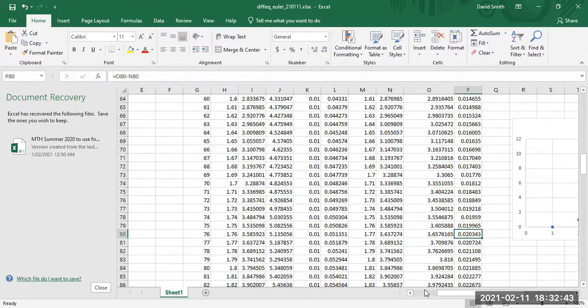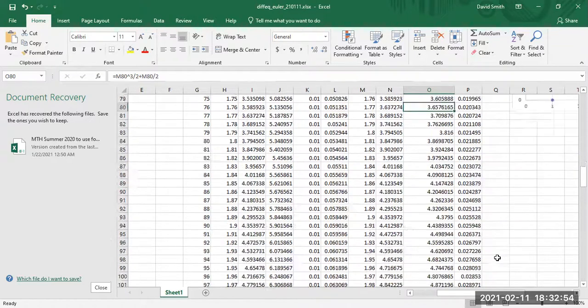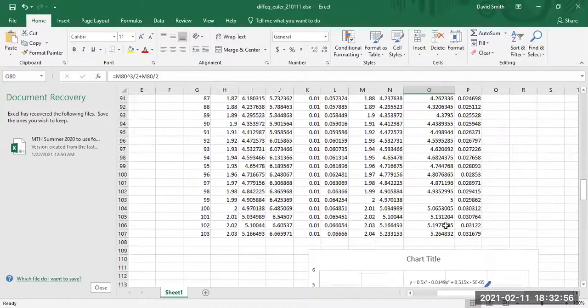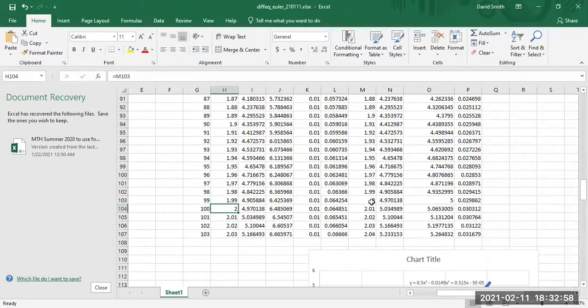And that's out of the actual value 3.65. So that's up to about 2/3%, a little less than 2/3%. Okay. And it goes on. And by the time we get out to x equals 2, the discrepancy is only 0.03 out of 5. Okay. And that's still well less than 1%. It's about 0.6%.